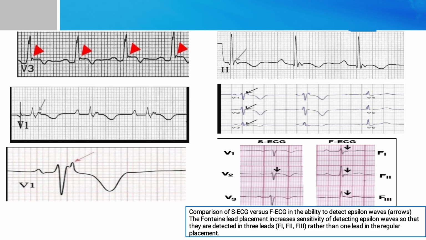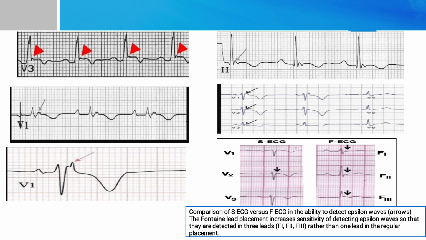Here in these ECGs, we compare the standard ECG versus the Fontaine ECG in the ability to detect epsilon waves. The Fontaine ECG, which I will be discussing in my next slides, has the ECG leads placed in a manner that enhances the ECG pattern and we can easily detect the epsilon wave.